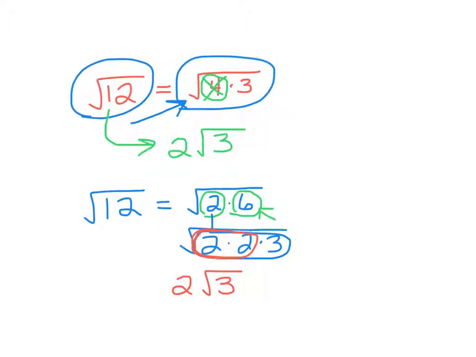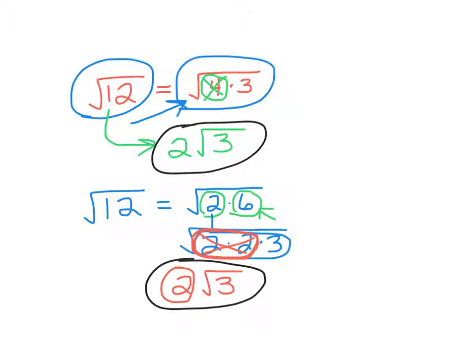Because I have two 2's underneath, what I'm really doing is getting rid of both of them and bringing one out to the outside because I'm looking for the square root of 2 times 2, which is equal to 4. The square root of 4 is equal to this 2. So notice I get the same answer both times. I get 2 square root of 3 and also 2 square root of 3.